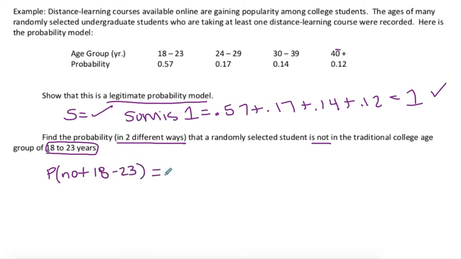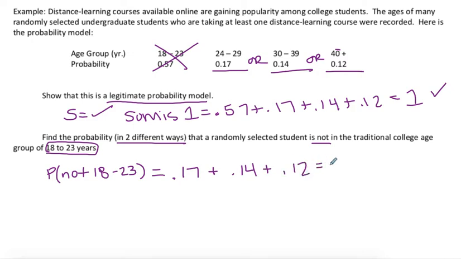If I wanted to calculate that 2 different ways, not 18 to 23 would be here or here or here. And because your age puts you in each one of those categories, these are mutually exclusive events. You can't be in this category and this category, no matter how hard you're trying. And so when we add those up, individual probabilities, we don't have any overlap.